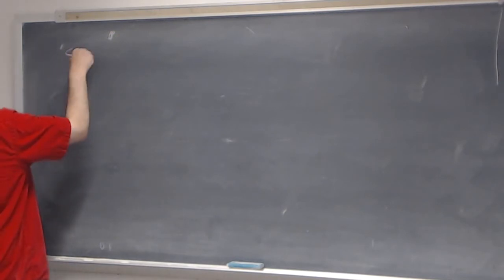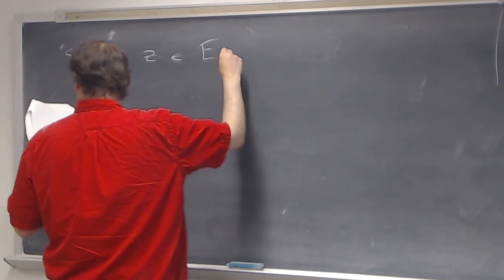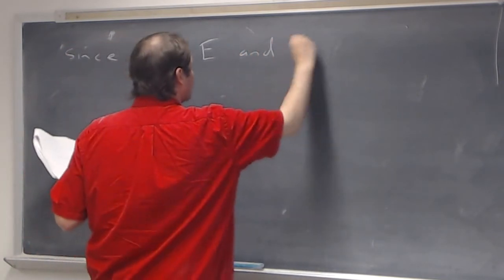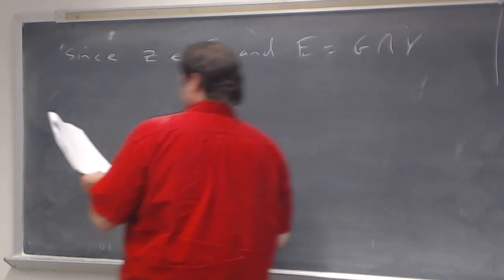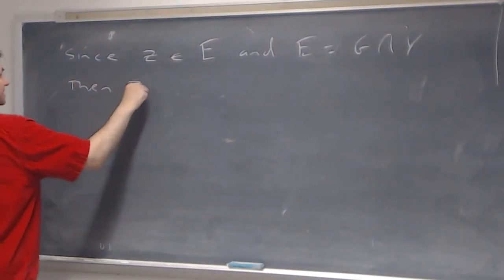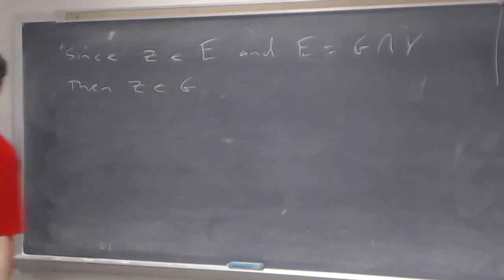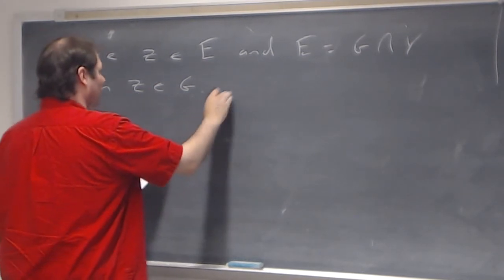Okay, well, since Z is an element of E, and E is equal to G intersect Y, then Z is an element of G. And G is open, so this means Z is an interior point.